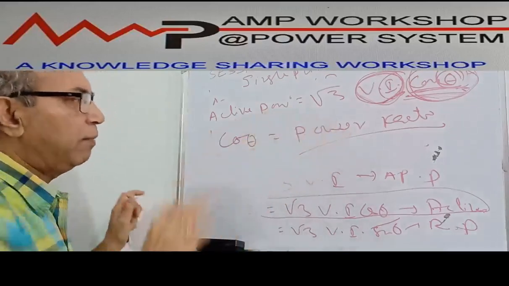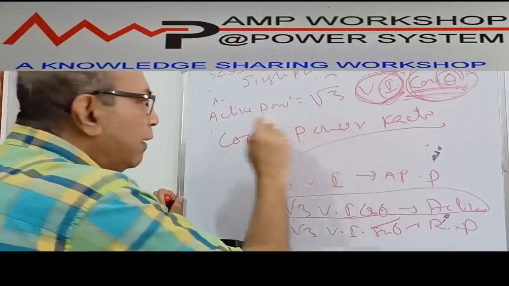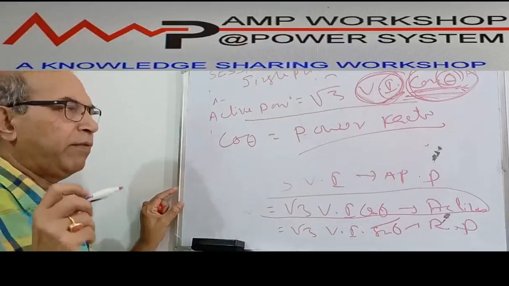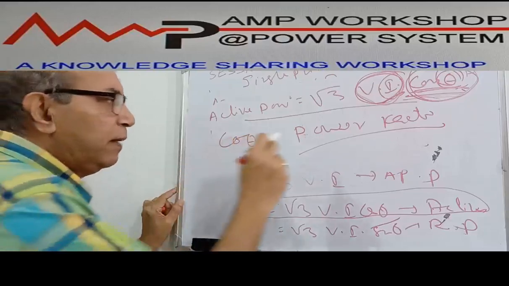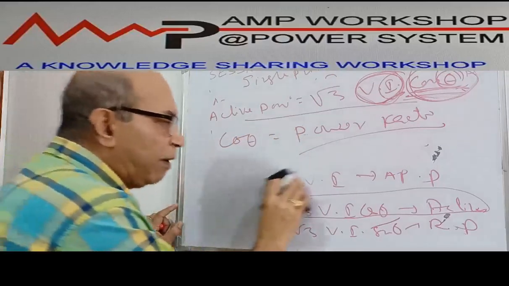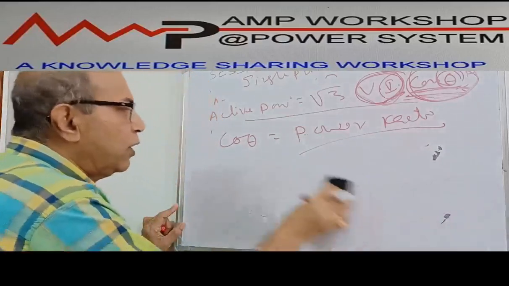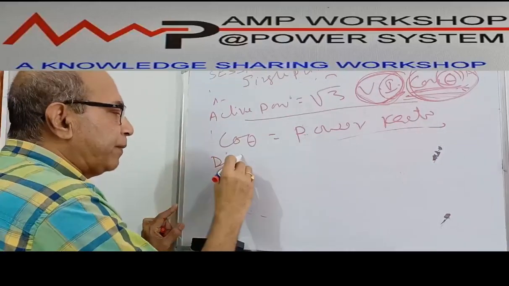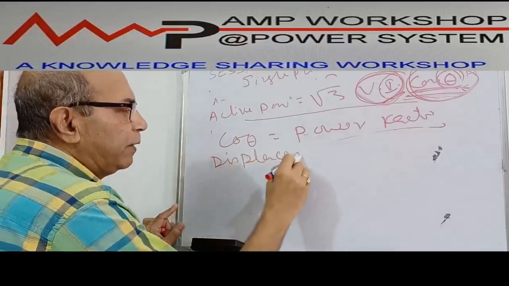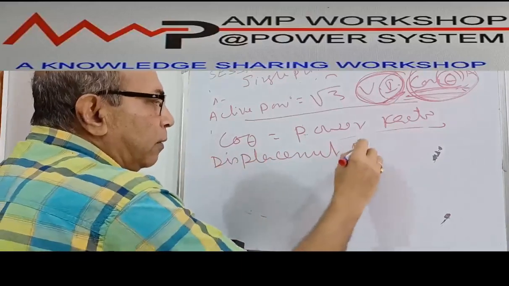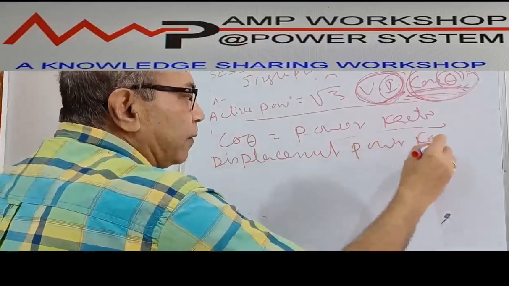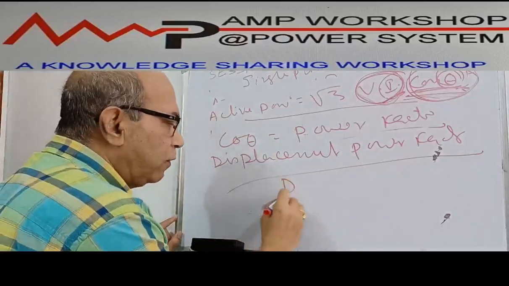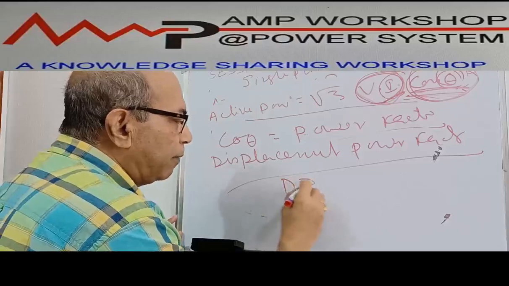Now this power factor we generally speak of is for the fundamental frequency. For the fundamental supply, meaning 50 hertz or 60 hertz, we call this power factor cos phi the displacement power factor, or DPF.